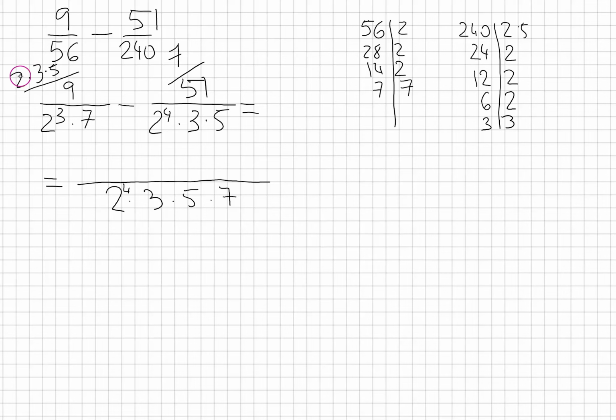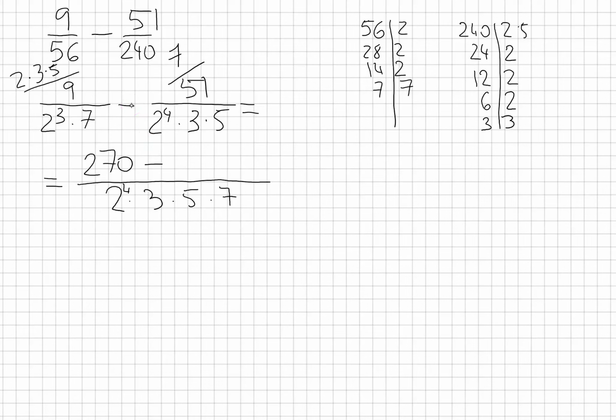So what number is this? 2 times 3 times 5. 5 times 2 is 10, times 3 is 30. And then I need to multiply it by 9, which is 270. The same thing, 30 times this denominator is going to give me this denominator.